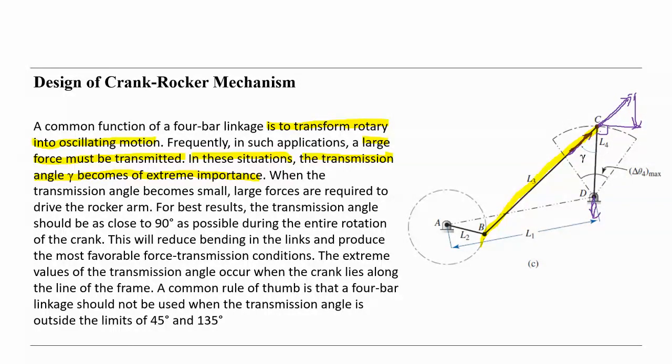So if we have a small angle, as small as possible, then we reduce the fx component, and fy gets bigger. As soon as we reduce the fx, our effective force to rotate the rocker gets smaller. That is the reason we say the efficiency of the transmission is not good.